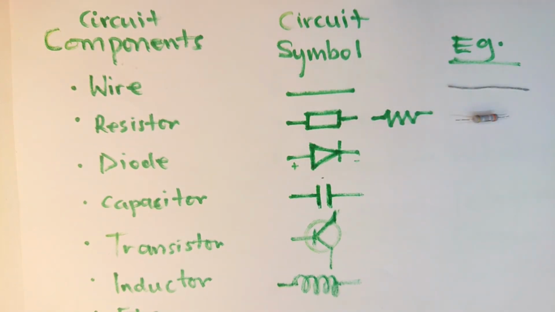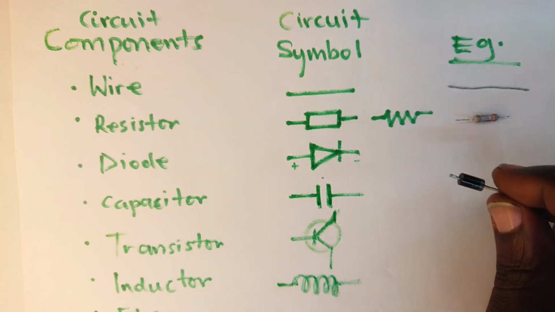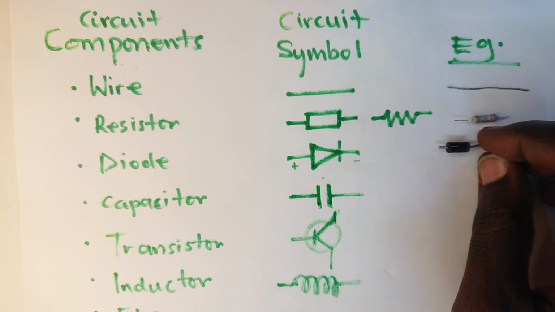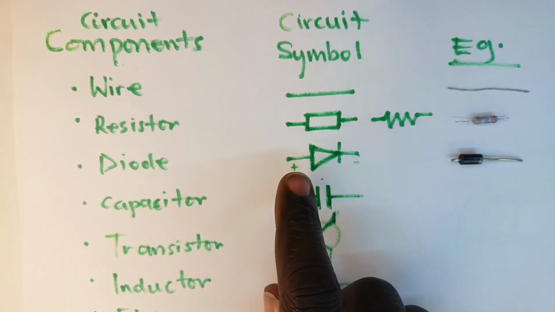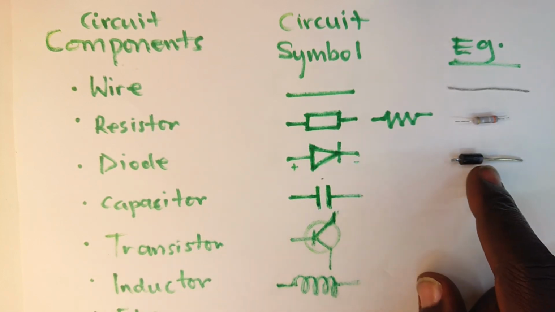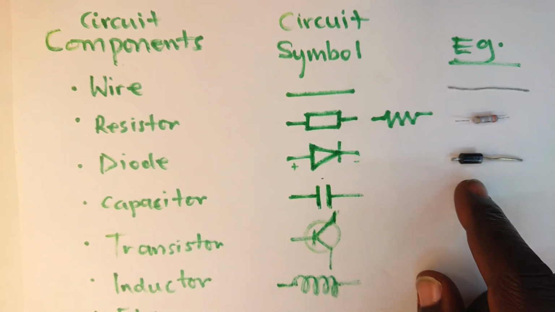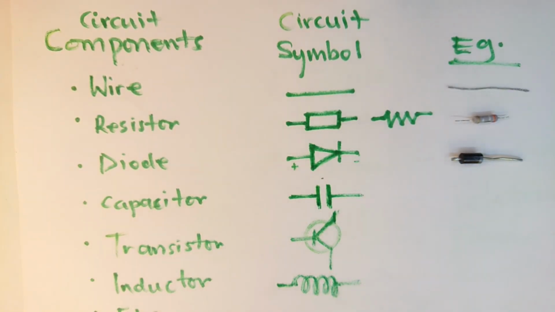And I wanted to show you how a diode looks like in real life. Okay, so this is how a diode looks like, and since I told you it is directional, it always has that mark to let you know that this terminal is different from the other.